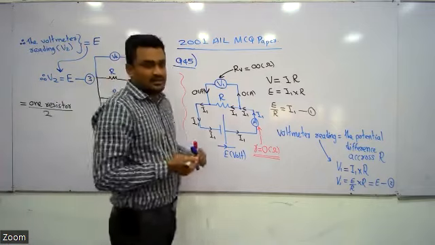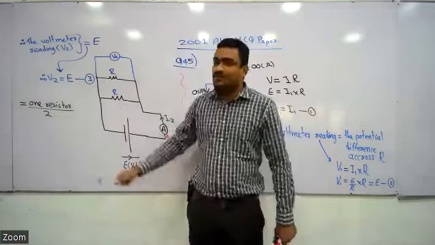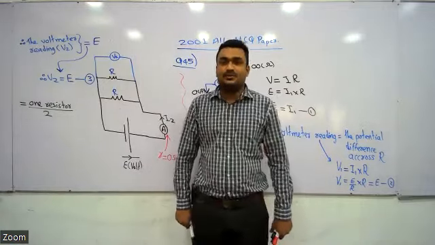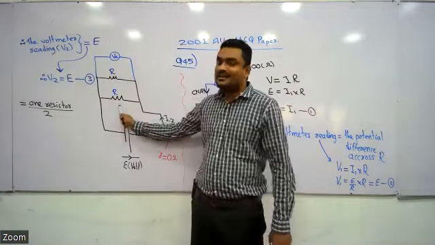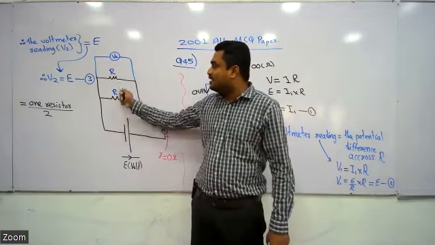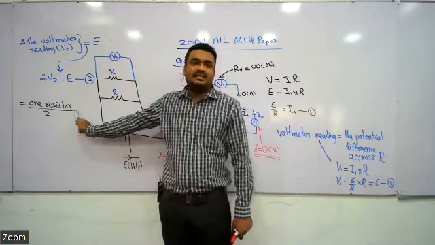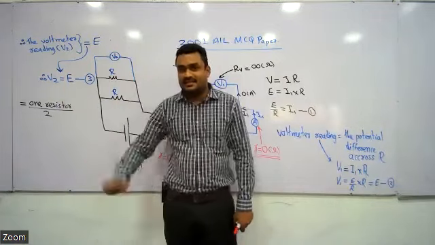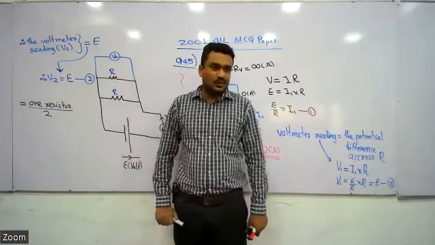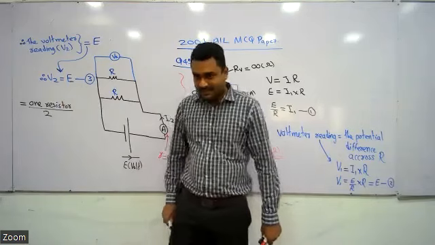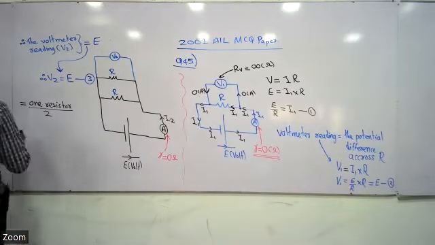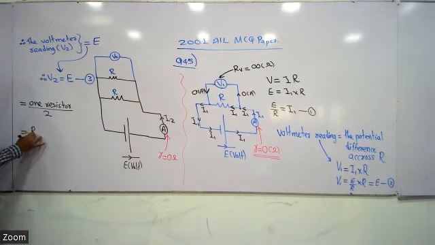R and R are equal. When two equal resistors are connected in parallel, the equivalent resistance is one of the resistances divided by 2. So one of the resistors is R, so this is R over 2.